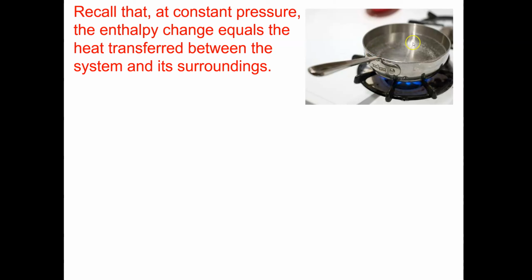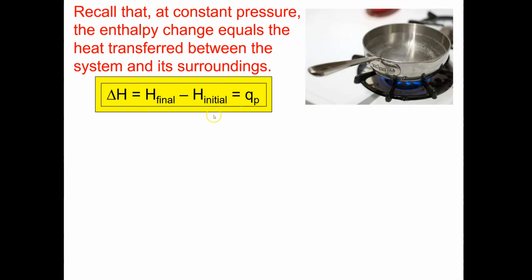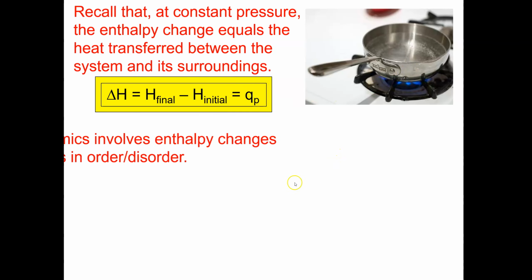As that transfers and boils the water, we can calculate the heat being transferred using calorimetry experiments as an example. Remember that the amount of heat being transferred is the difference between your final enthalpy, H, and your initial, which gives us Q. That's how much heat was getting transferred to the pan, and Q represents that heat transfer.